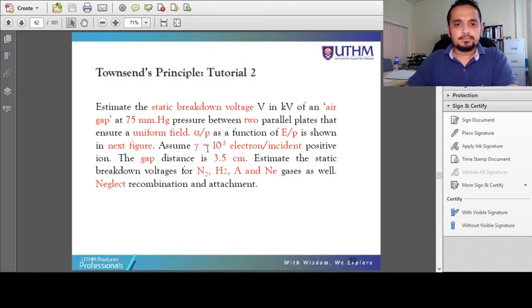And assume again gamma here is 10 to the minus 3. The gap distance previously is 1 and now is 3.5, so we have to be careful of this. So we just play around with some new values, which is the gap pressure. In this case, it is 75, and the gap is actually 3.5.